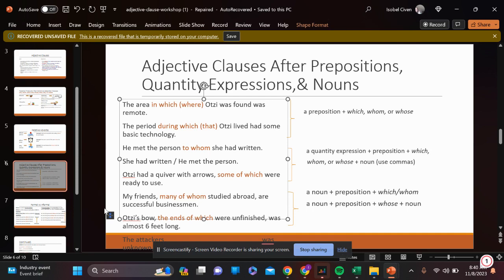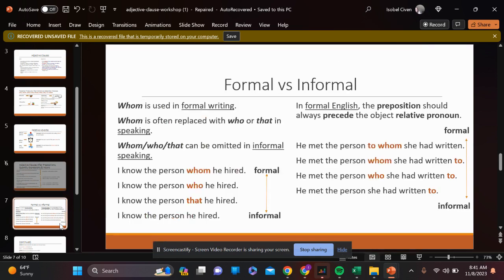Then you connect those two sentences together, and you just add the quantity expression and whom. Okay, this really takes a lot of practice. Don't worry if you are confused about this; there are many videos on YouTube about how to use adjective clauses after prepositions and quantity expressions that you could review.